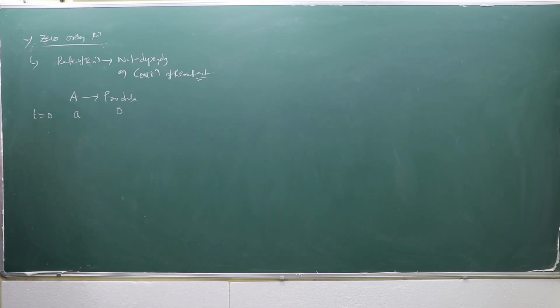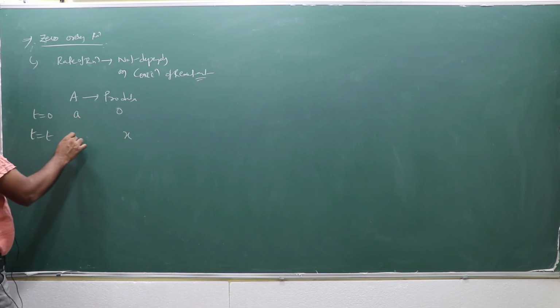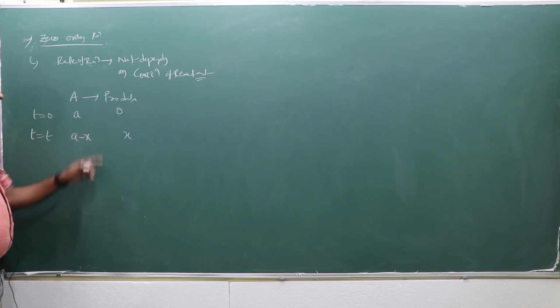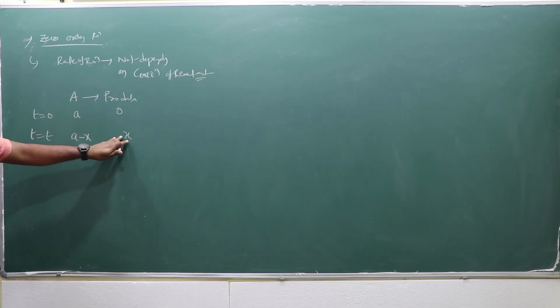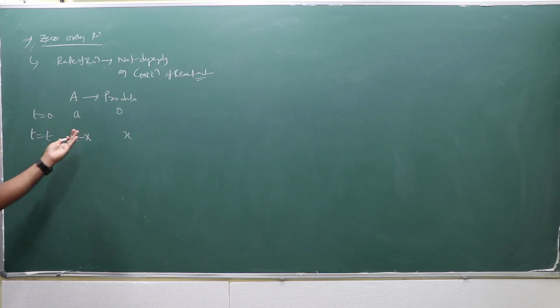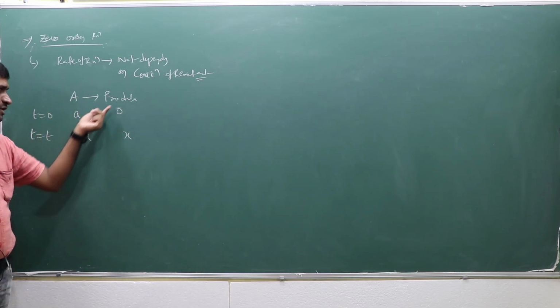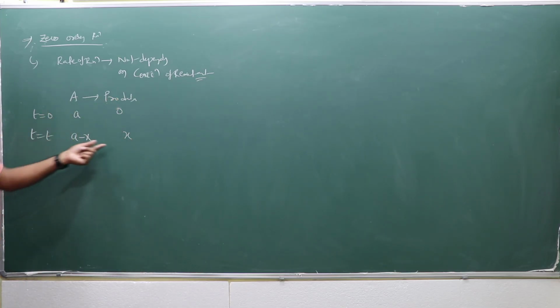After some time, the product may be X. How much reactant molecule is left? A minus X is left of the reactant molecule, and the product formation is X, at the time of t.